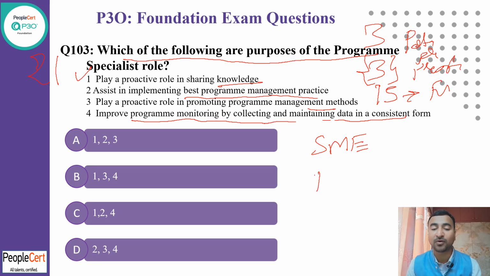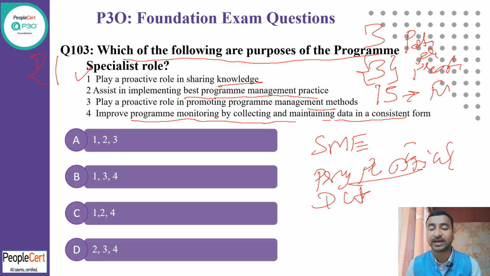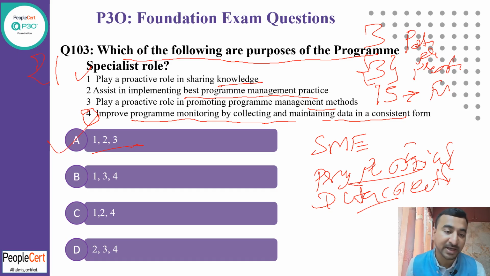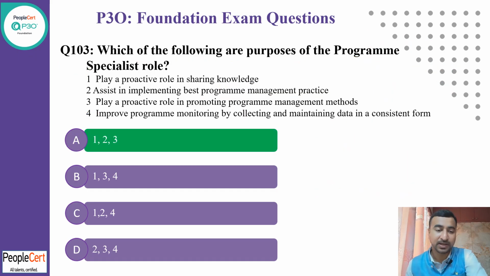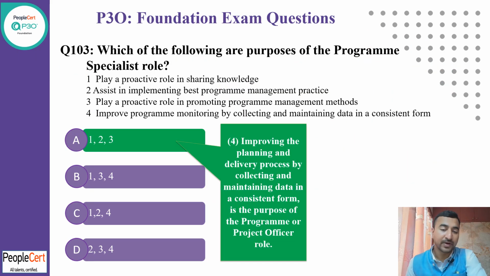That is the role of your program or project officer, the data collector, as we say. So option 4 is not the relevant answer. So 1, 2, 3 seem to be correct, so I believe A would be the most correct answer. Let's see. Yeah, that is correct. The rationale is also mentioned here: data collection is the responsibility of the program or project officer.